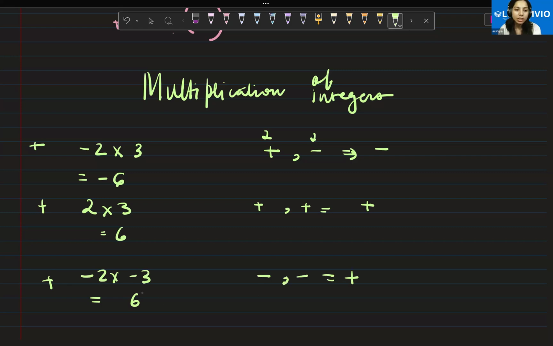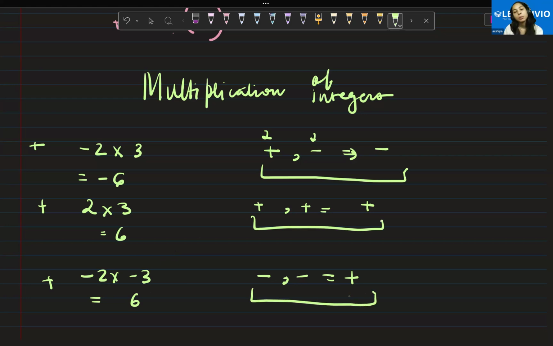Is this clear? You just multiply like normal multiplication, but the signs are what you have to remember. When you have a positive and a negative sign, the answer is negative. Both positive, the answer is positive. Both negative, again the sign will be positive. Is it clear, everyone?